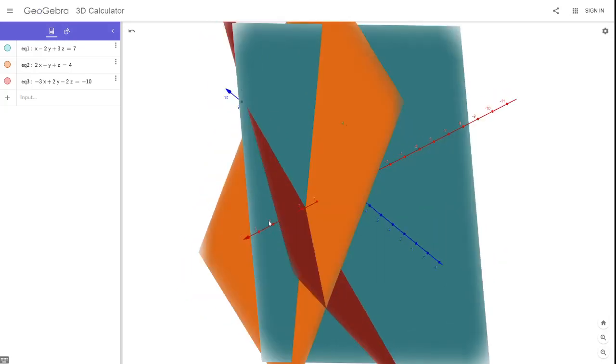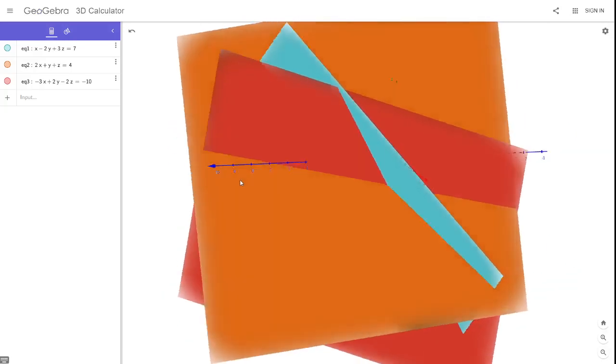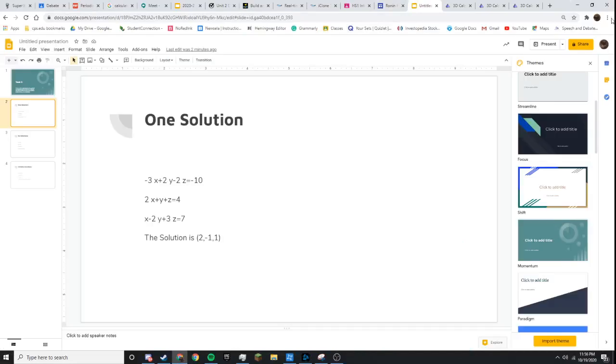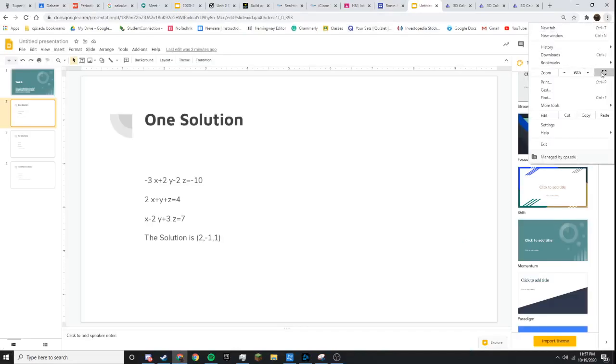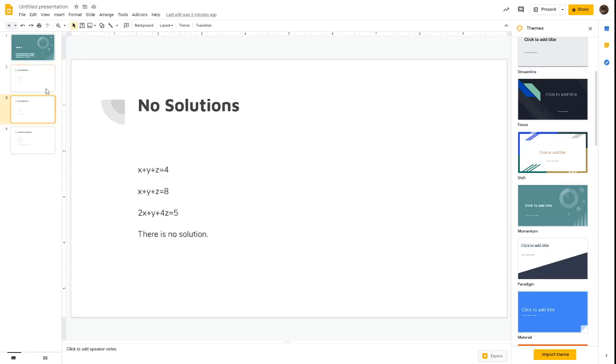So the 3 planes connect in one point, and you can visually see how they connect and where. And then that brings us back to the algebra, because we're seeing how these 3 planes can connect on the graph. So on to no solutions.